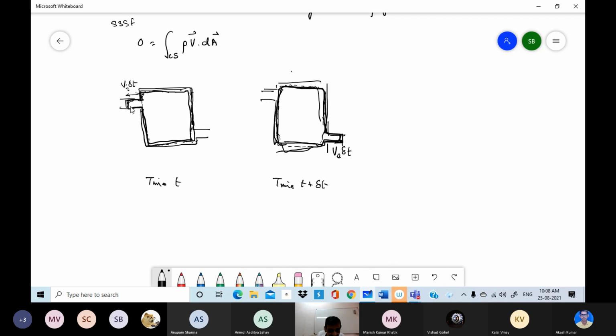Then let me put a hatching just so that we can see clearly what the system is. So this is my system at t, and this is my system at t plus delta t. So it has flowed in at the inlet and flowed out at the exit.